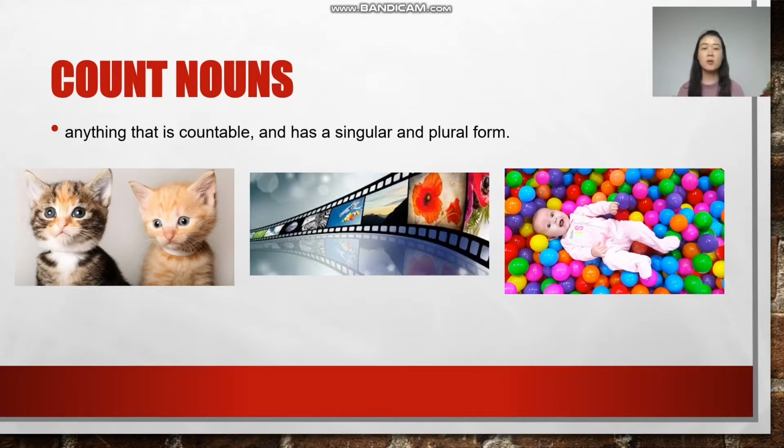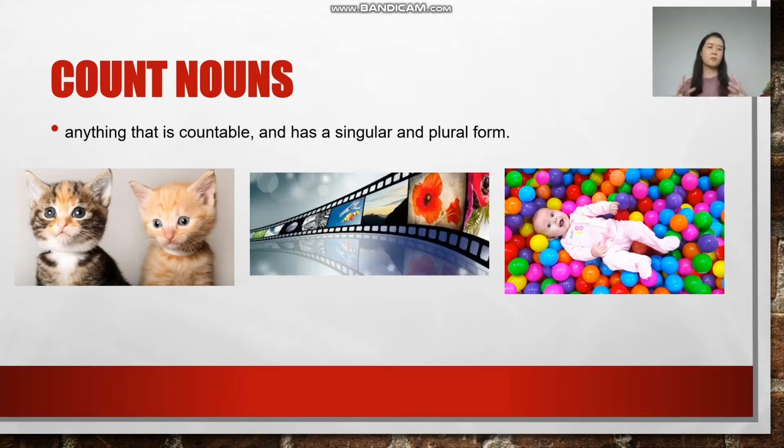Next is the word video, and the word video can have both singular and plural form as well. And the last one, that is a baby, right? A baby. And balls. You can see that if you only have one baby, we just say a baby.